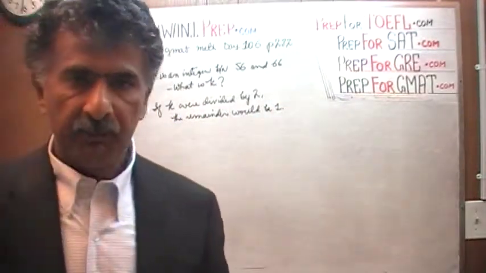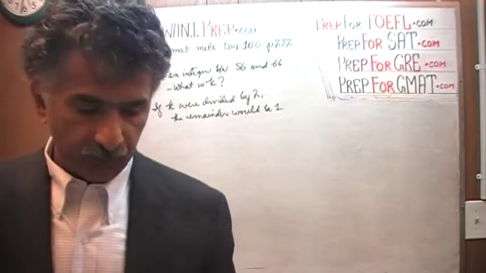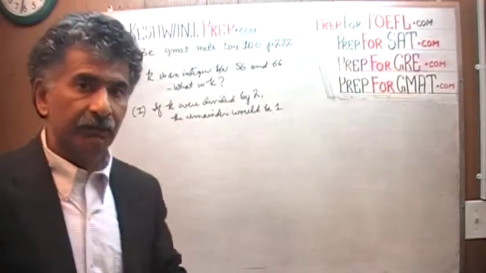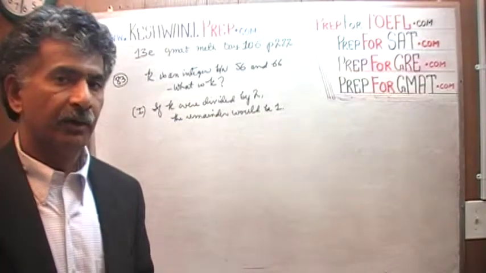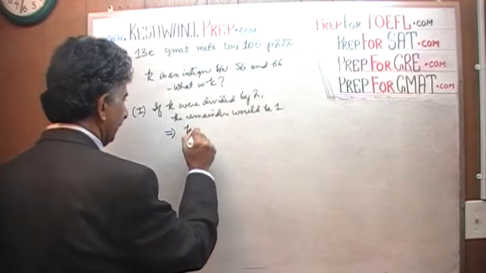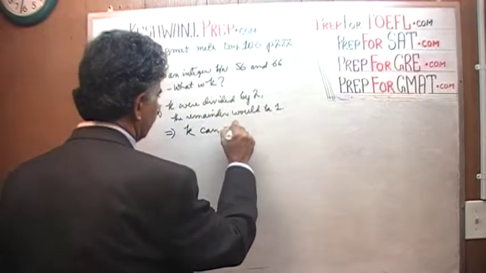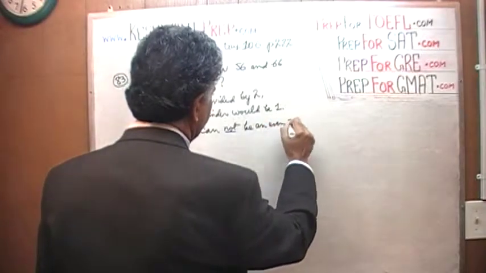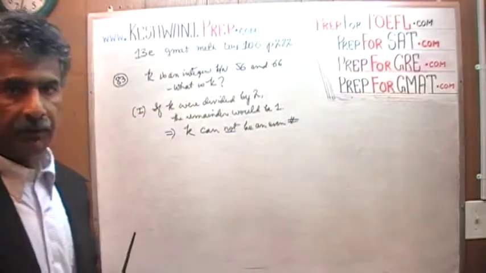What do we gather from that statement? That if you divide a number by 2 and you have a remainder of 1, this implies that k cannot be an even number.